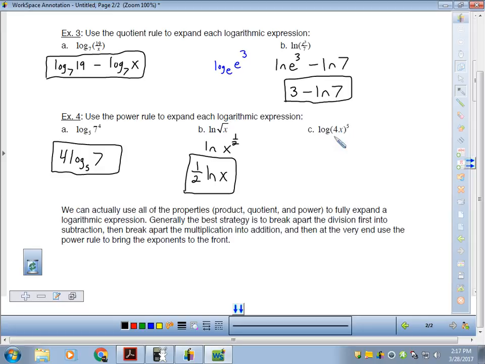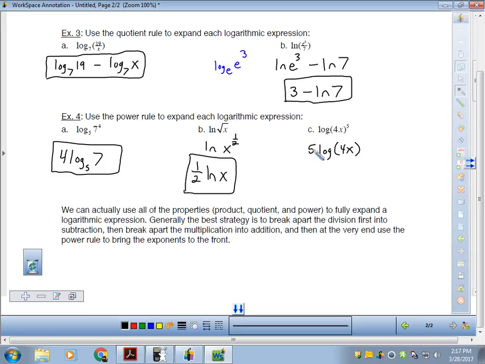Letter B, we have log of 4x raised to the 5th power. Now, this does have a 5th power, so we can bring that power to the front. So we have 5 log of 4x. But we can actually do one more thing here. That 4 and that x are being multiplied, and when we have multiplication inside of a log, we can change it into addition.